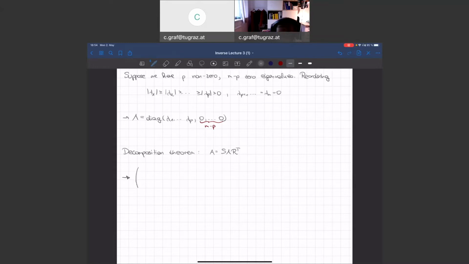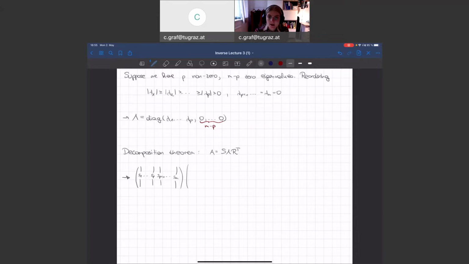So we have for S, first the vector S1 up to SP. Then we have SP plus 1 up to SM.